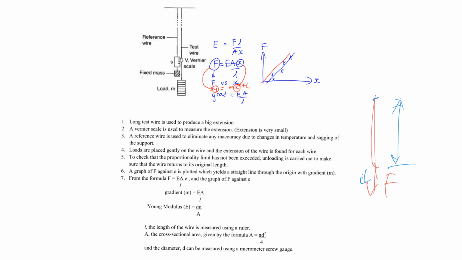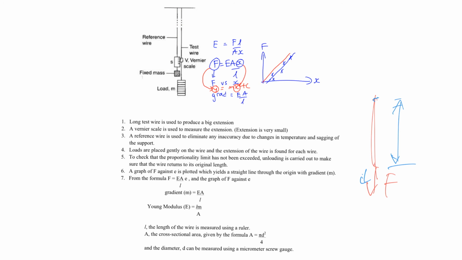All right. So how do we use this vernier scale to measure the extension? So we need a main scale, because if you remember, even your vernier caliper, you will have a main scale and a vernier scale. So the 0.01 centimeter is by referring to the vernier scale. Here we will use the reference wire to hold the main scale.